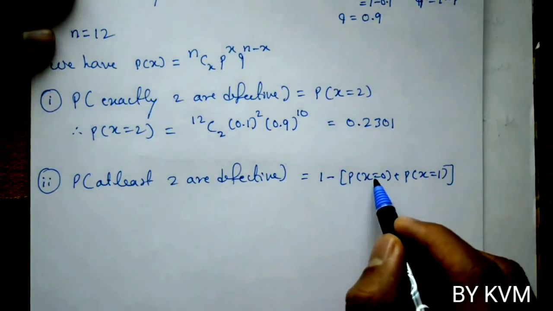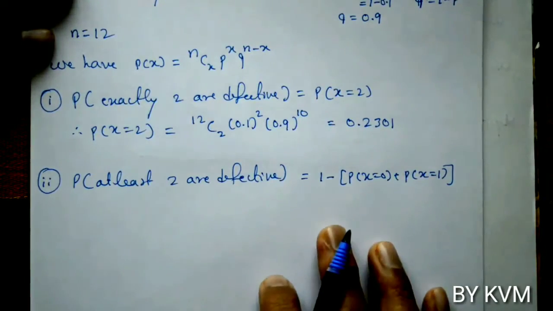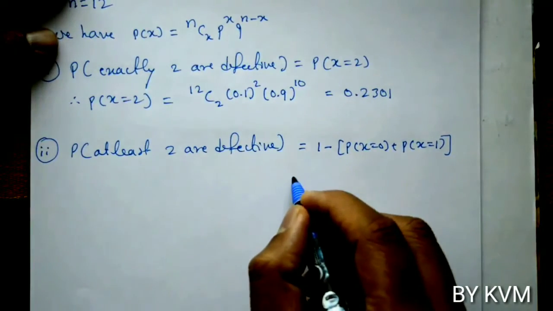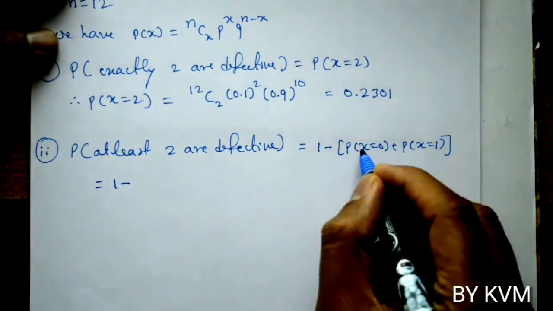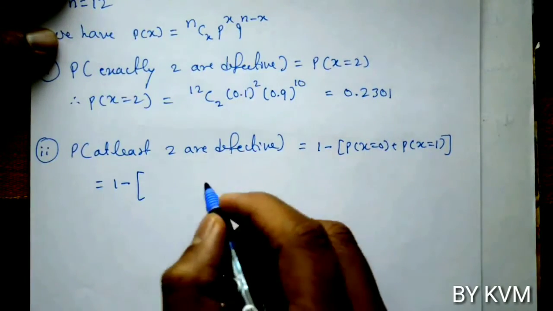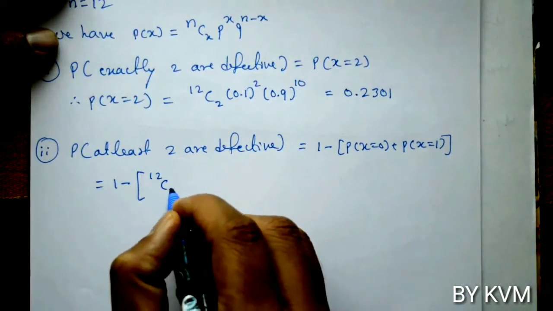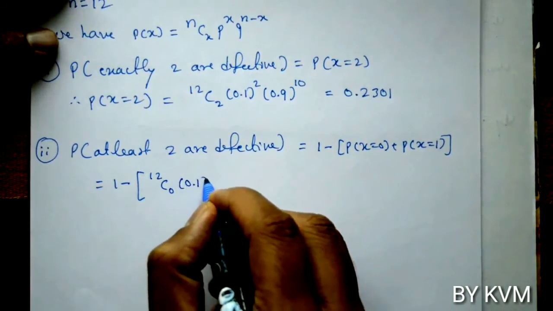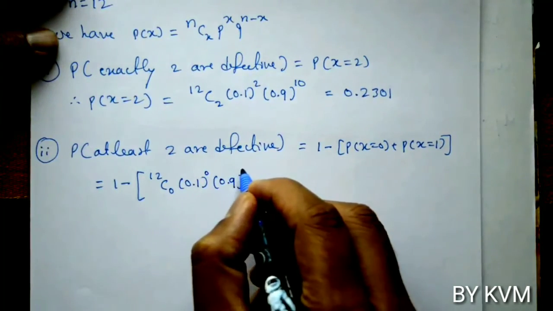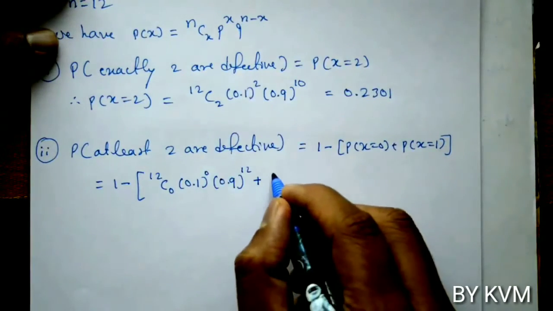The complement is 1 minus the sum of probability of x equals 0 plus probability of x equals 1. So that is 1 minus probability of x equals 0. Put x equals 0, we get 12 C 0, 0.1 whole power 0 into 0.9 whole power n minus 0, that is 12, plus probability of x equals 1.